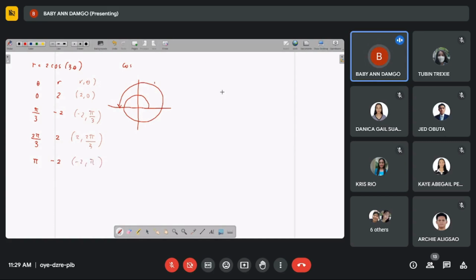So this one, the radius is 2. And then we have 2, 0. So the radius is 2. So here, we have one petal.